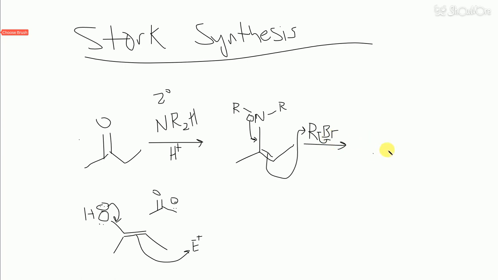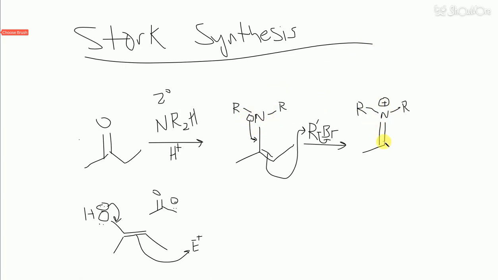Okay? And what we'll get at the first step, you have to know what this looks like. So we'll get this nitrogen with two R groups. Let's call this R prime just so we can differentiate. It's now going to be positive. And if you're confused why it's positive, nitrogen in its neutral state has 3 bonds and 1 lone pair.